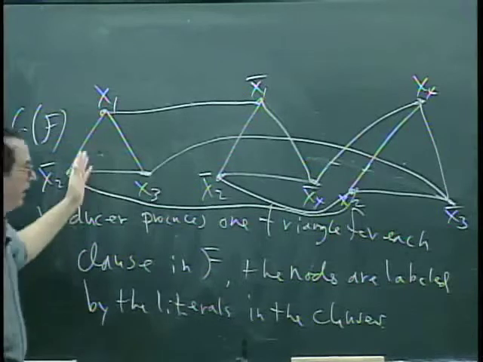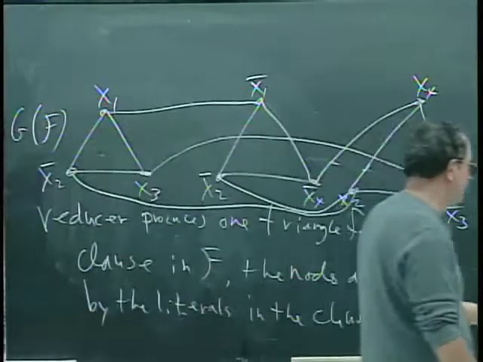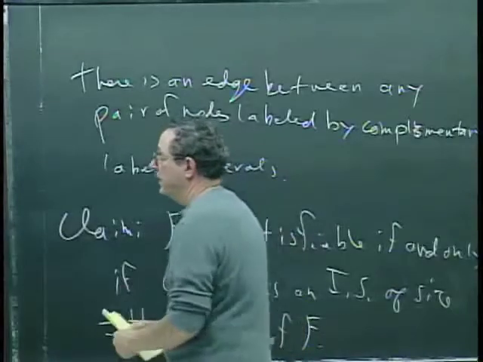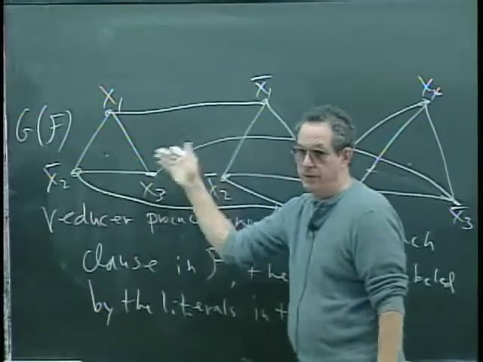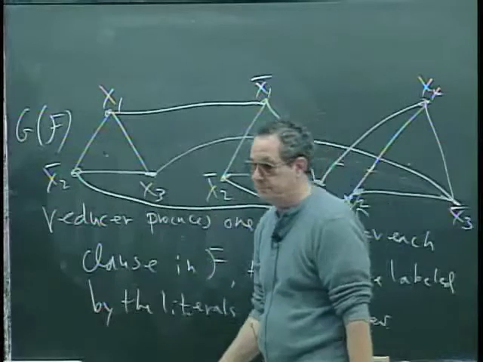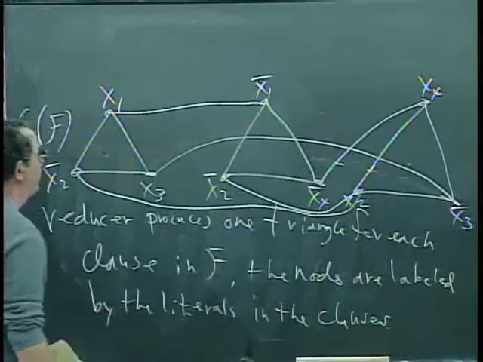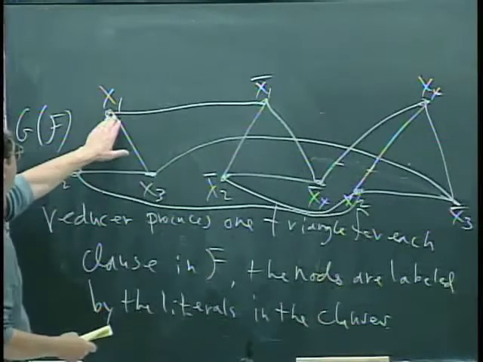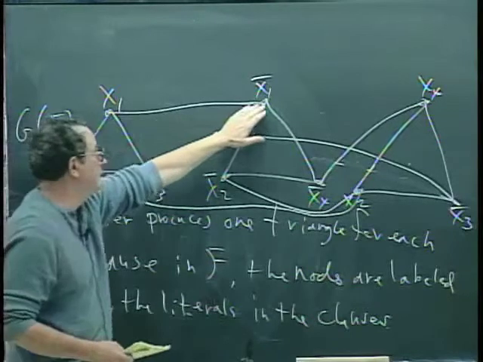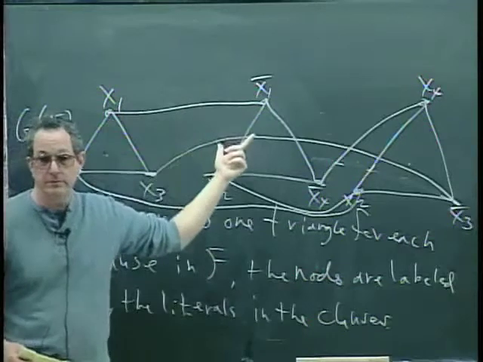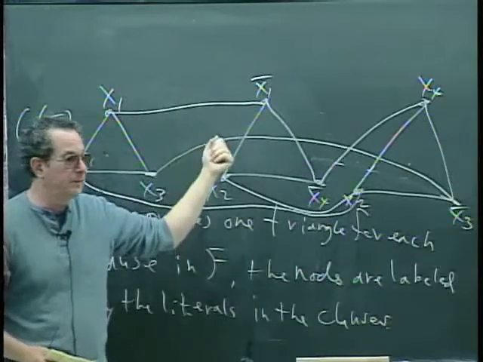So if we have an independent set that's equal in size to the number of clauses, that means we have exactly one node from each triangle selected for the independent set. Okay? And we also know that you cannot have two nodes selected that are labeled by complementary literals because they're connected by an edge. Okay?